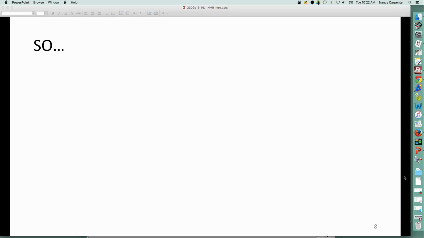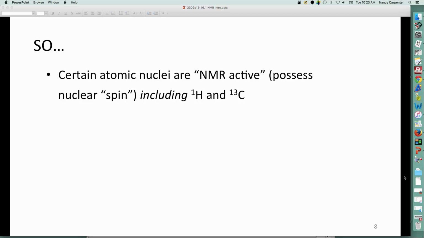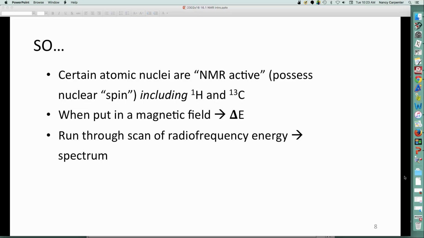Alright, so we're going to recap at this point. This is getting to be enough. Certain atomic nuclei are NMR active, meaning they possess spin and can do this spin flip thing. That includes proton and C13. Only when I put those molecules that have protons and C13 nuclei in them will I be able to see this gap in energy that allows a spectrum to be recorded.